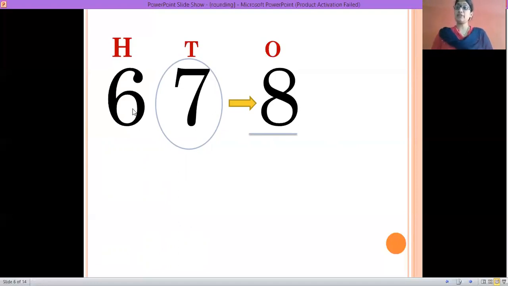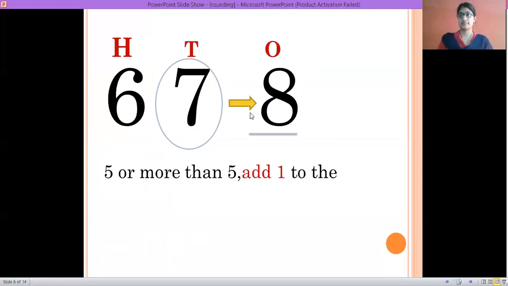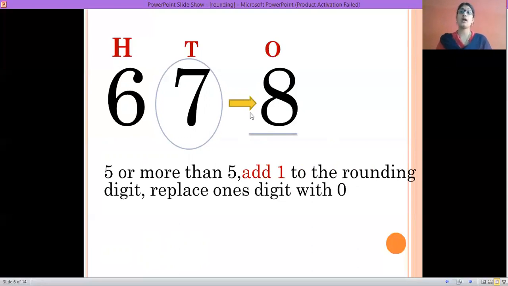But here, if it is 5 or more than 5, what we'll do? We'll add 1 to our rounding digit. Now, what is our rounding digit here? 7. So we'll add 1 to that 7. So what we'll get? 8. And we'll replace this ones digit with 0.